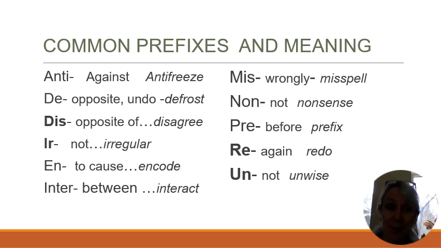We've seen this in the word prefix already. Prefix is the affix that comes before the word root. Re means again. Redo, to do it again. Un, not. You can put it in front of the word root wise, unwise.